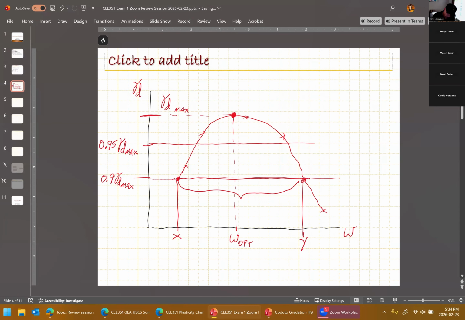That gives me a range of water contents where, as long as I'm in that range, I should be able to get at least 95% relative compaction. A range of water contents will be allowable to get the high enough density.